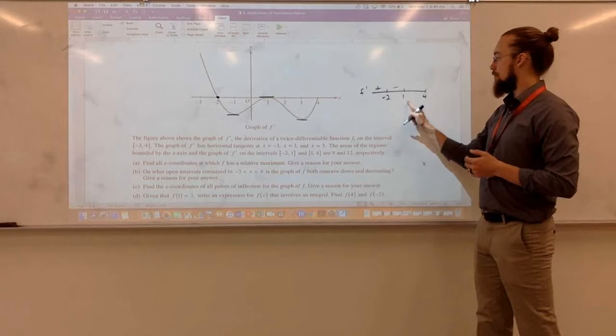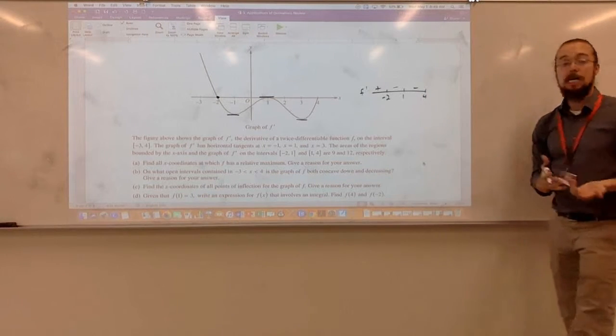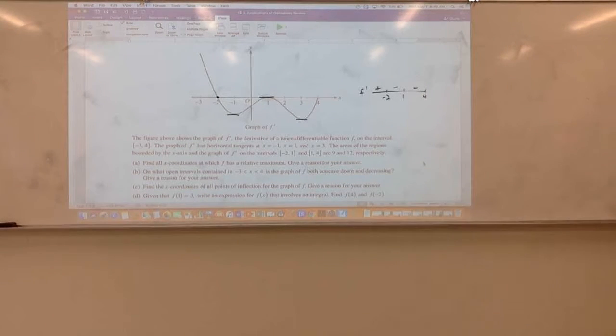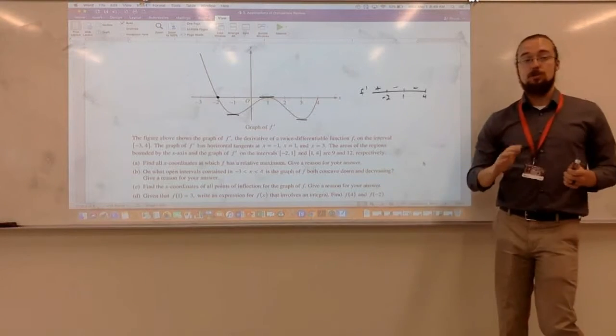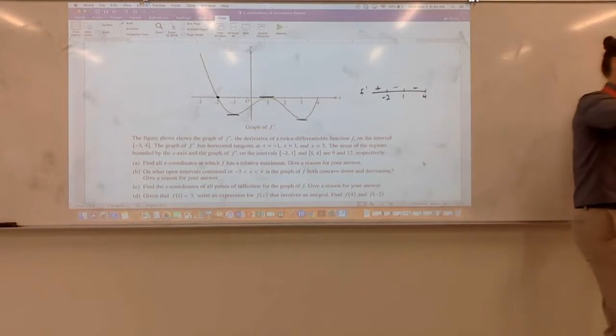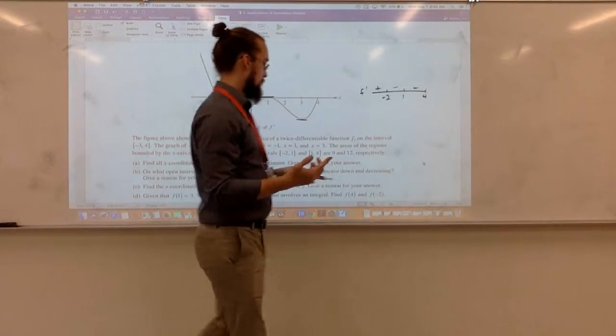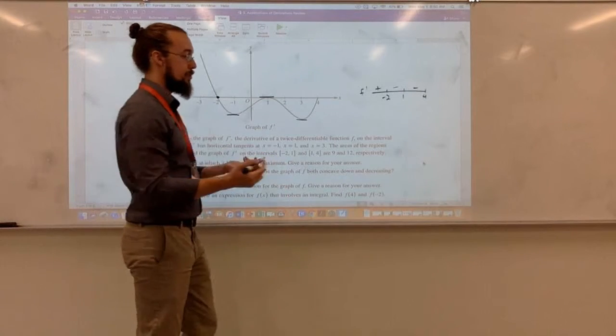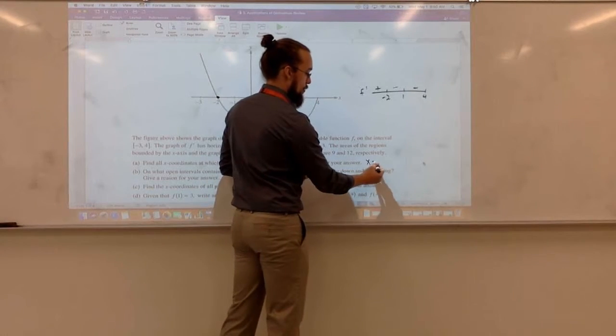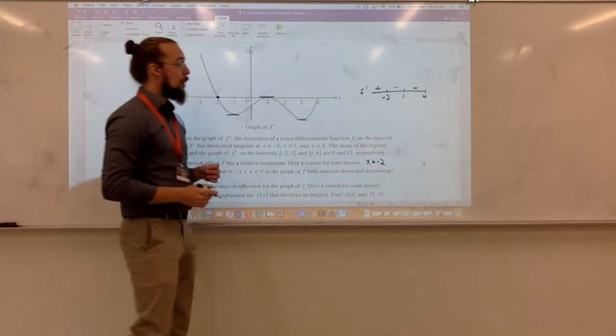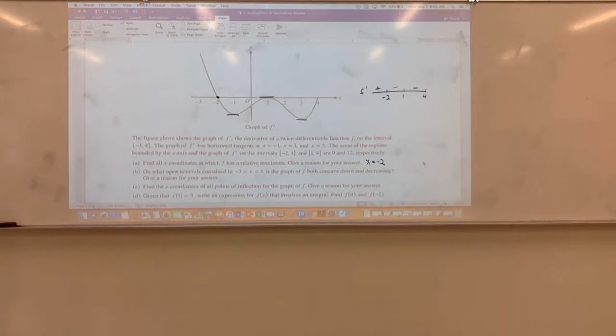Here it's negative, and in between here it's also negative. So we are only looking for relative maximums. That's where the slope changes from positive to negative. So that will only occur at -2. And it does say give a reason for your answer. So we would say that x equals -2 because f prime changes from positive to negative at this value.